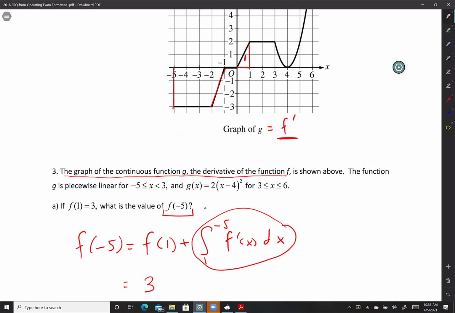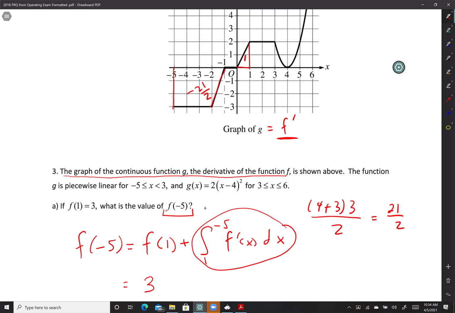Base 1 is 4, base 2 is 3, times my height, 3, divided by 2. 7 times 3 is 21, so 21 over 2. Now it's below the x-axis, so it's a negative.